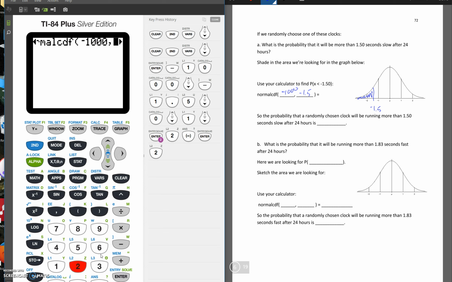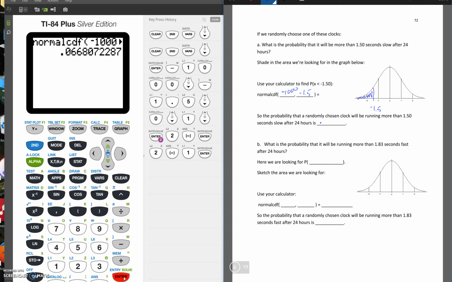Negative 1,000 to negative 1.5. So here we get 0.0668.